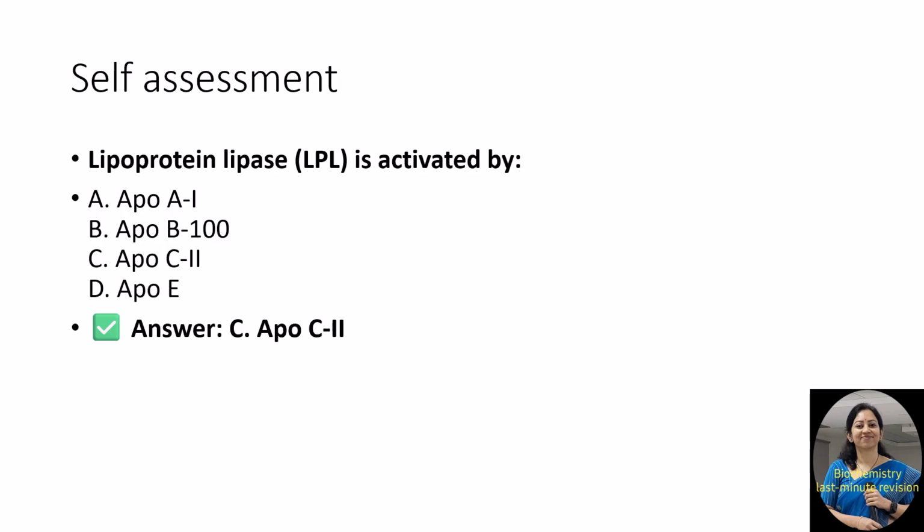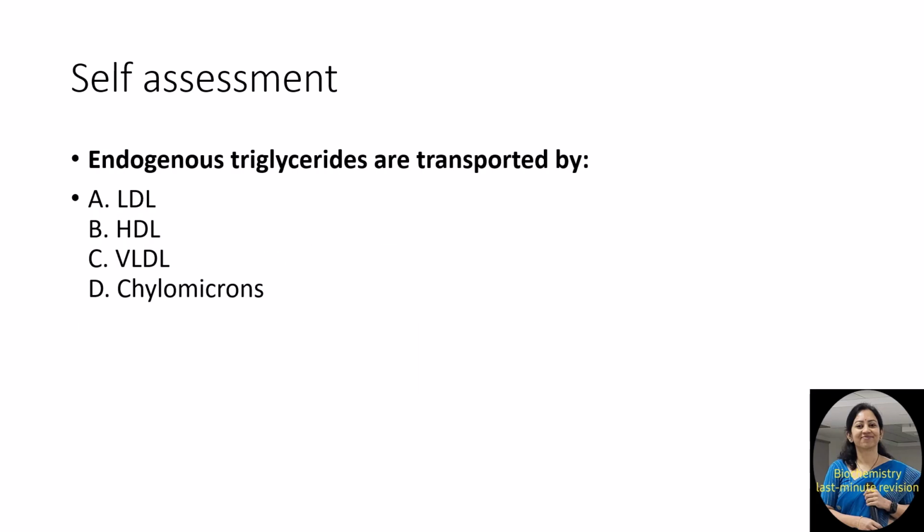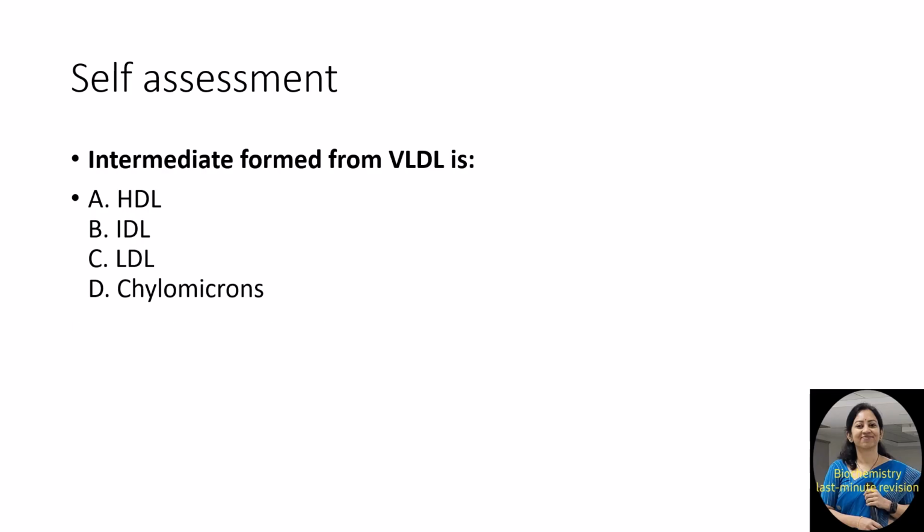Lipoprotein lipase is present on the endothelium of the capillaries, which hydrolyzes endogenous and exogenous triglycerides to fatty acids. Endogenous triglycerides are transported by VLDL. The intermediate compound formed from VLDL is IDL, intermediate density lipoprotein.